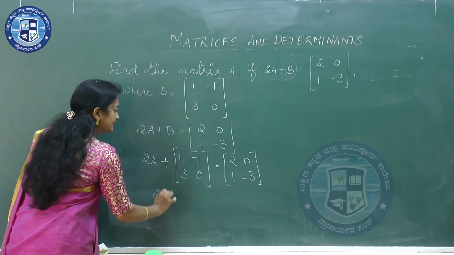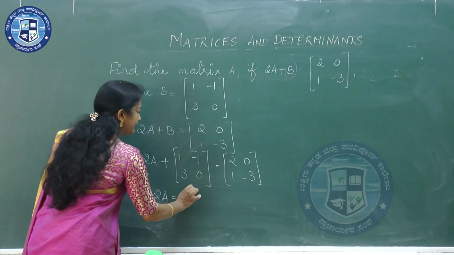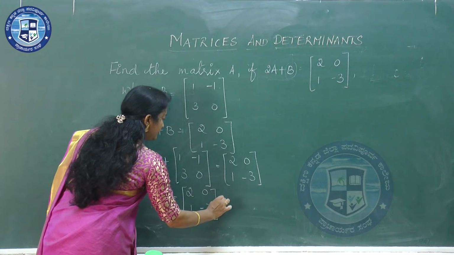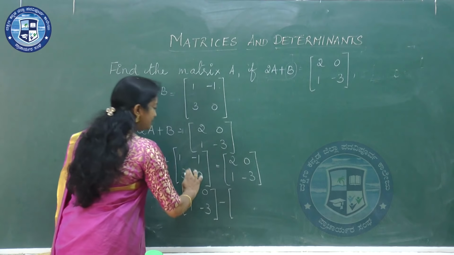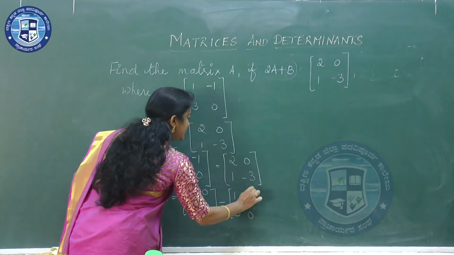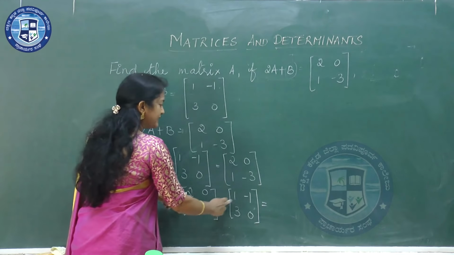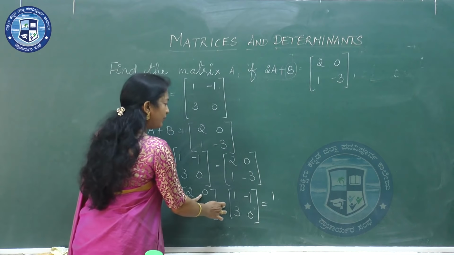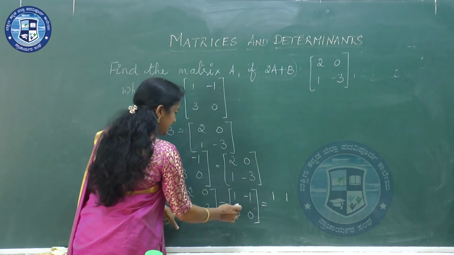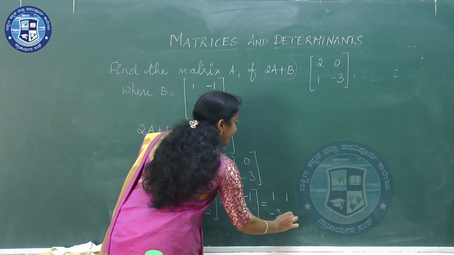So only A terms we keep here, matrix A we keep this side, and this matrix we take the other side. So we get 2, 0, 1, minus 3 minus this matrix when it goes that side, minus 1, minus 1, 3, 0, which is equal to 2 minus 1 is 1, 0 minus of minus 1 is 1, 1 minus 3 is minus 2, minus 3 minus 0 is minus 3.